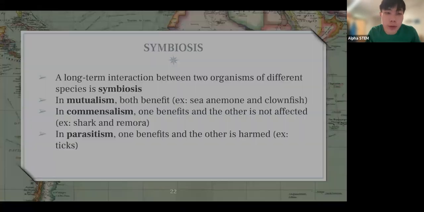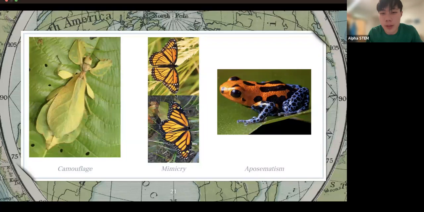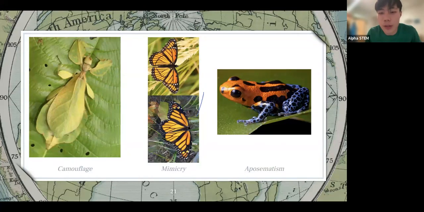And then finally for mimicry, mimicry is basically when one organism copies another organism. Mimicry can be Batesian, which means a non-poisonous species copies a poisonous species. So for example, I think for one of these butterflies, one of these is poisonous, the monarch butterfly, and the other one is not poisonous. But no predator would want to eat the non-poisonous butterfly because they can't really tell if it's poisonous.